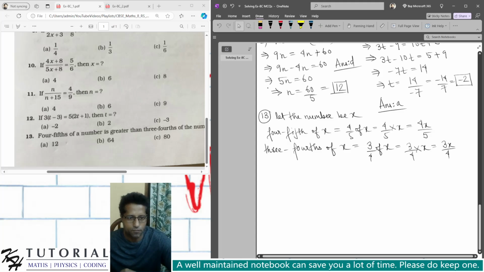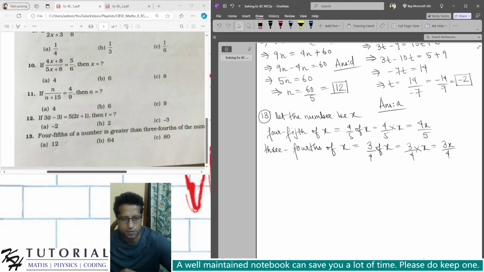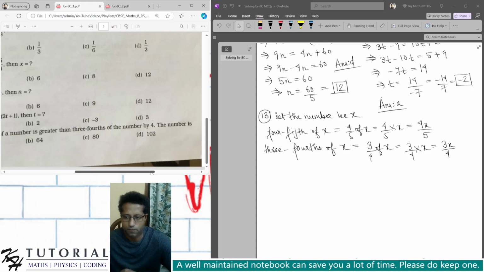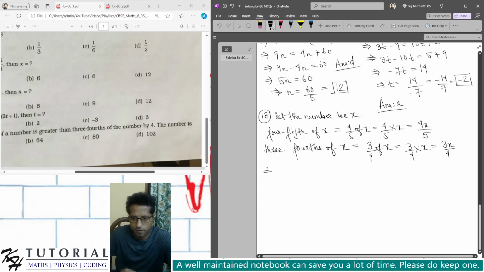It is given that 4/5 of a number is greater than 3/4 of the number by 4. So now we get 4/5 of the number is 4x by 5. This is greater than the 3/4 of the number, which is 3x by 4, by 4. So this has to be equal to 4. So this is the linear equation we have formed, which we have to solve.